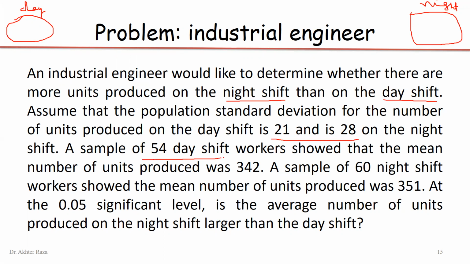A sample of 54 workers from the day shift shows the mean units produced is 342, and for 60 workers from the night shift the mean is 351. So the sample means are given and the population standard deviations are given. Alpha is given, it is 0.05.